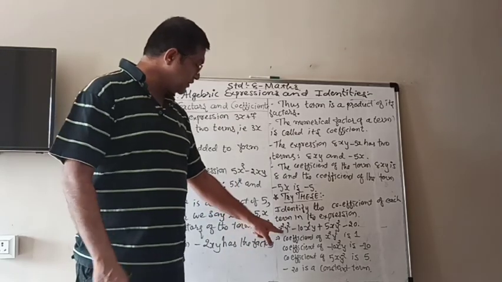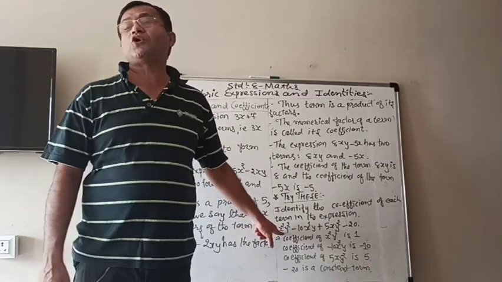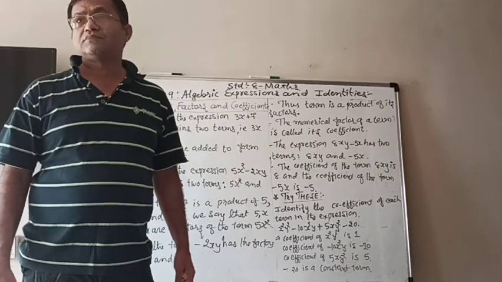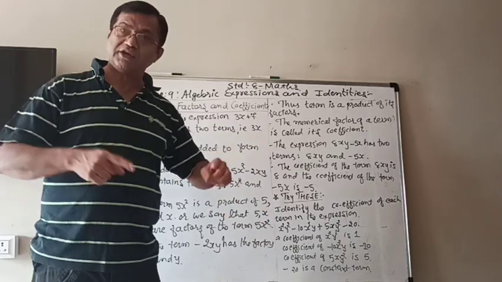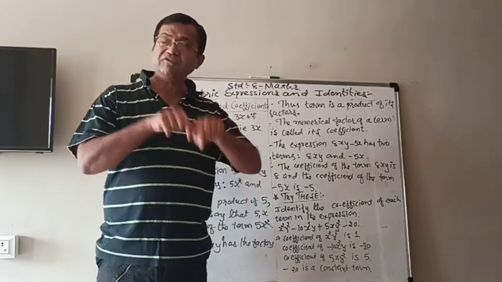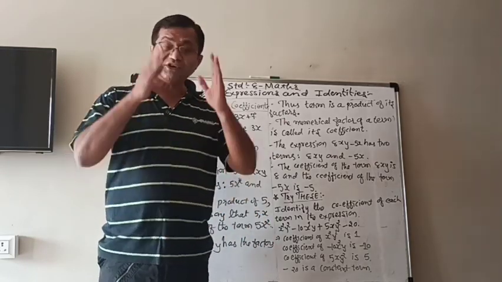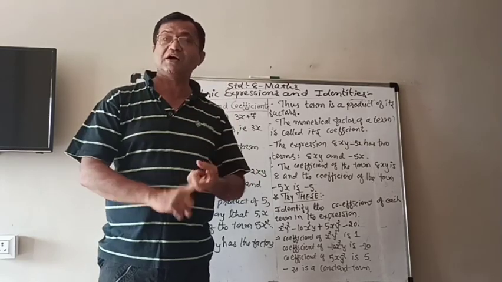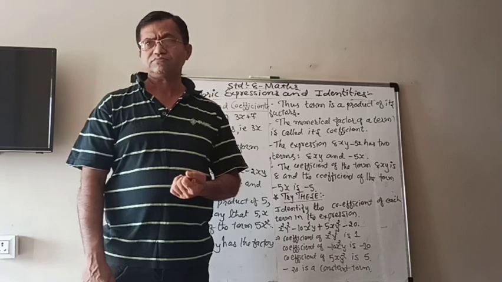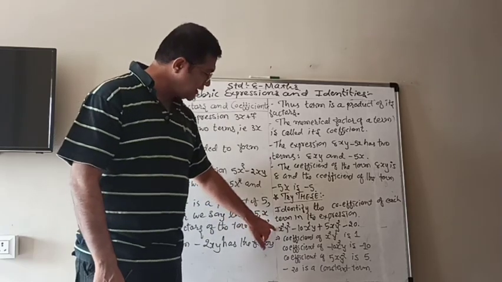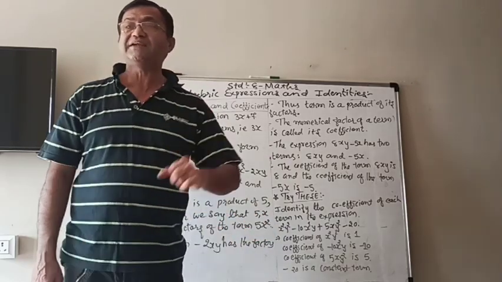Sometimes students write down no coefficient, means coefficient is 0. Do you see 0 here? No. But 1 you can see, invisible, but we can see. Means we know that the 1 is the factor of each and every number. And therefore, it is actually 1x square y square, but we don't write down.